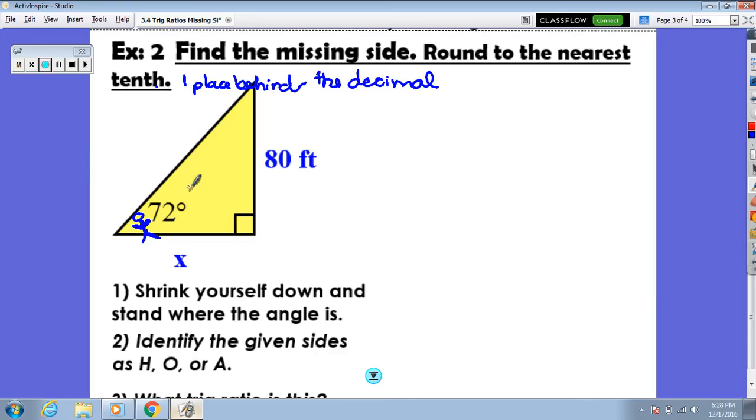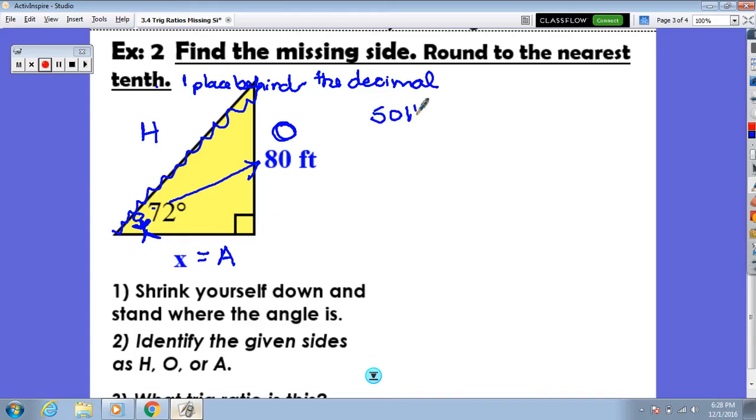And let's figure out what we have here. So this side is across from my angle or the stick man. So that is my opposite side. This is hypotenuse because it is the side that is across from the right angle or the diagonal side. So then that means x is adjacent. So it looks like we're using the tangent function again.